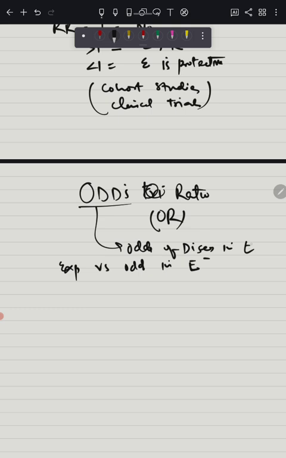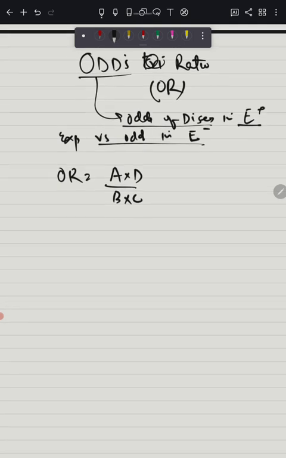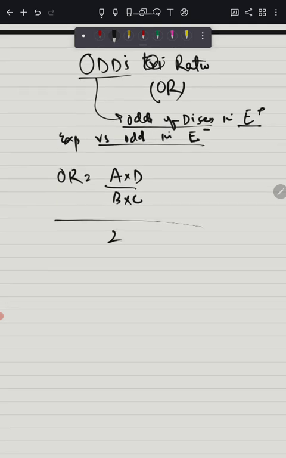So the odds ratio is A multiplied by D divided by B multiplied by C. Likewise we are going to make this 2 cross 2 table: exposed, unexposed, disease plus, disease negative, A, B, C, D. We are describing A, B, C, D like this.